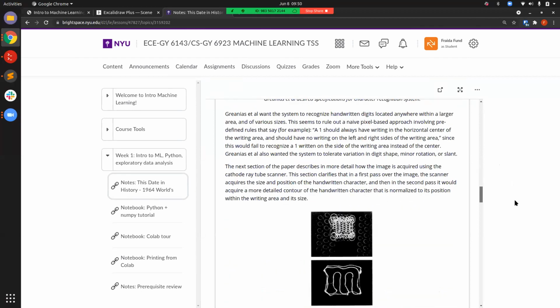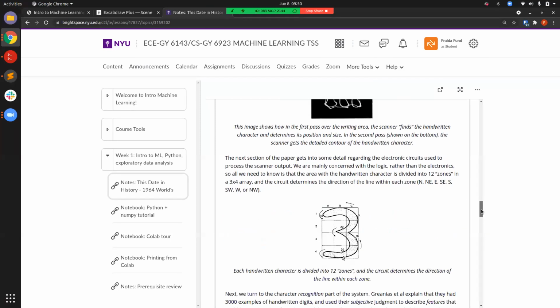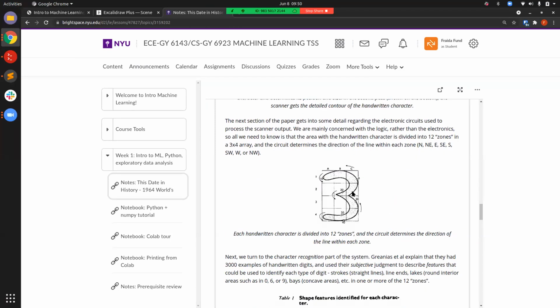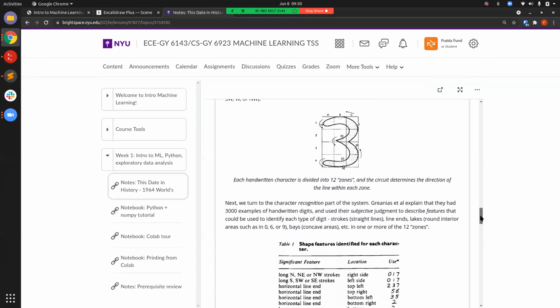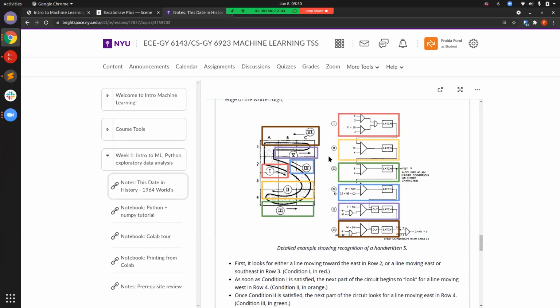So here's some information about how it worked. First, it would try to determine the contour of the digit. Then within each region of the digit, so there are these 12 regions, it would try to determine the direction of the line. And then there was a circuit here that looked for certain line directions in different regions.